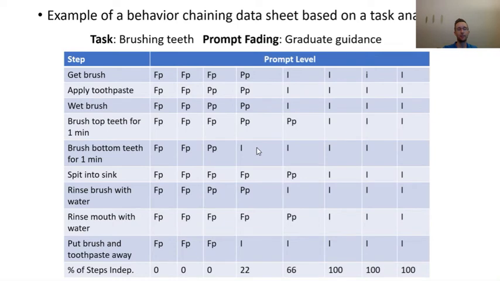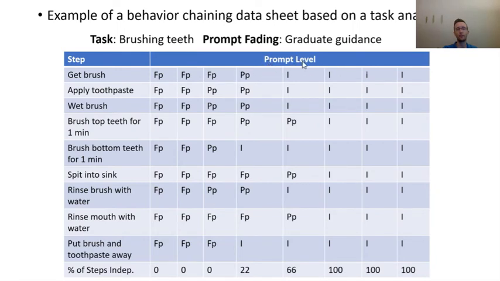So they brushed their bottom teeth for 1 minute independently, and they put their brush and toothpaste away independently. Now something else I'd like you to notice is that in general, what's happening is there's prompt fading occurring at each step, right, or at each target response systematically across trials. That reflects this graduated guidance prompt fading procedure.